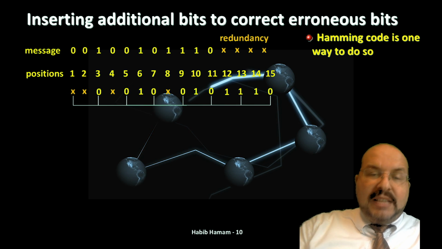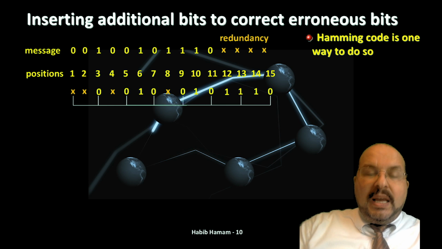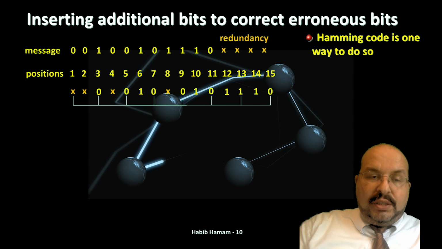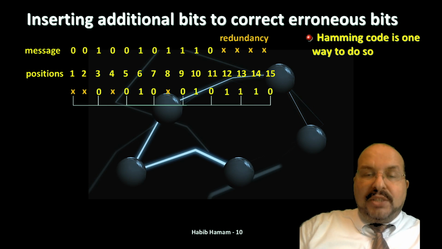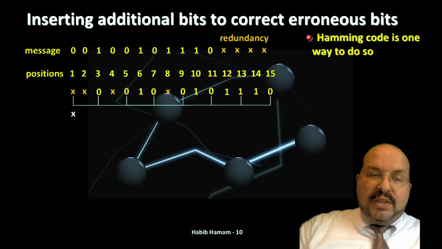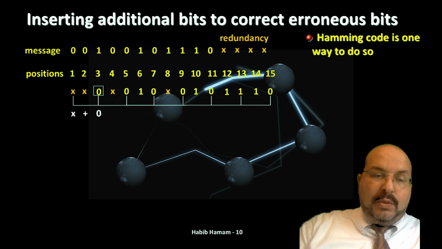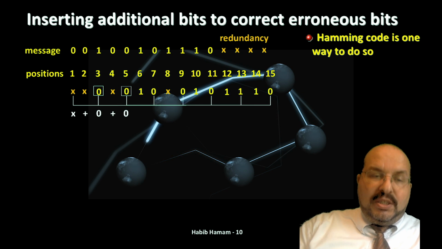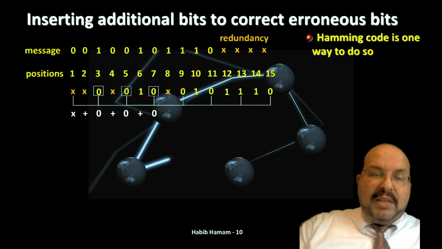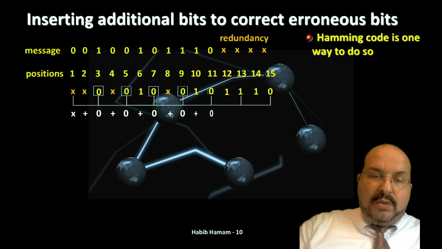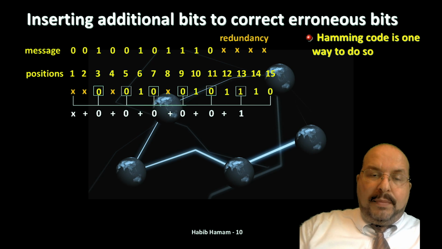So we selected some bits, and the addition of the selected bits should give an even value. So here we have x plus 0, which I selected, plus 0, which I selected, plus another 0, plus 0, plus 0, plus, I'm adding all selected bits.